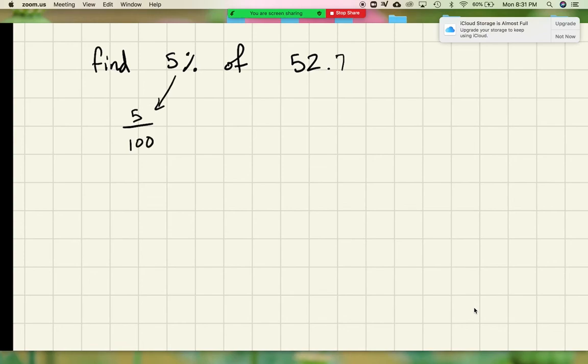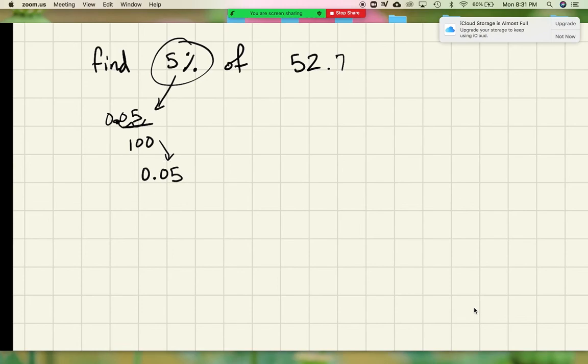Whenever you divide by 100, you can just move the decimal over 2 places because there are 2 zeros. That's the shortcut. So 5% is the same thing as 0.05.